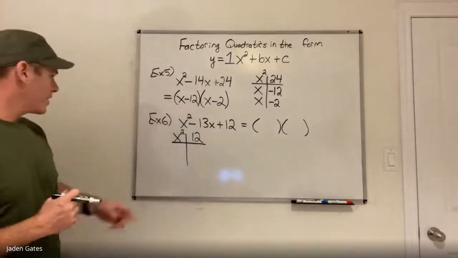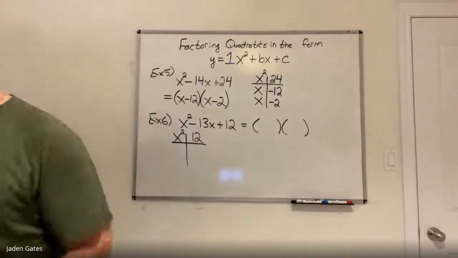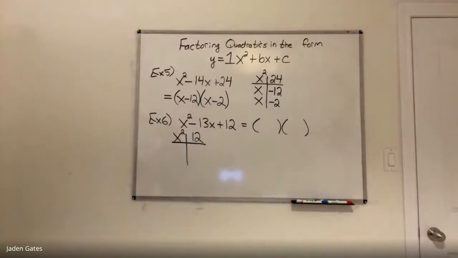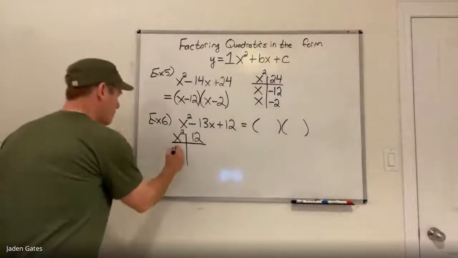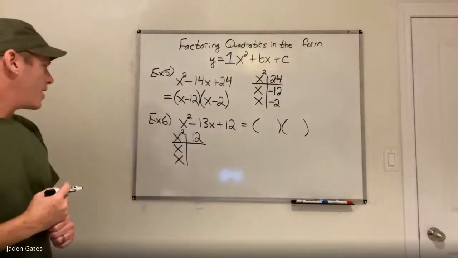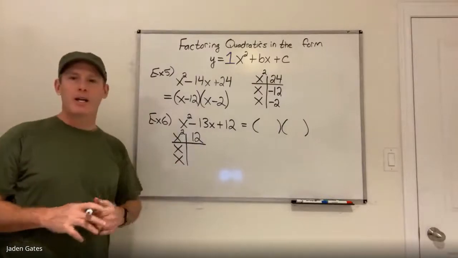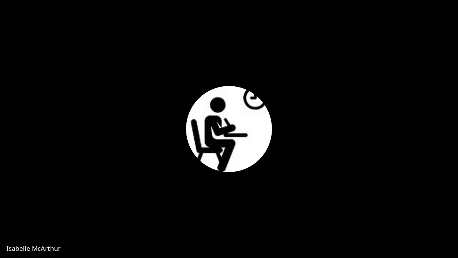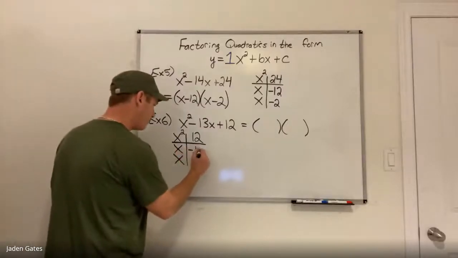All right, so once again, I have my x squared. So as I've mentioned many times before, this is where we have an x and an x. Now I need 2 things that multiply to give me 12. Negative 12 and negative 1.